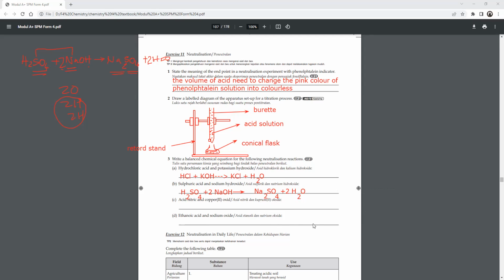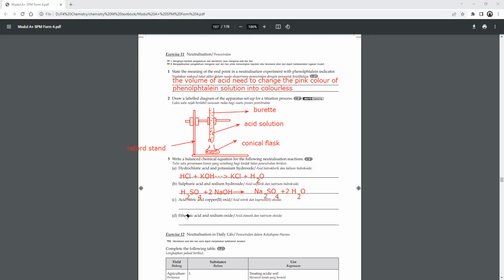So you have H2SO4 plus 2 NaOH become Na2SO4 plus 2 H2O. So the equation will be balanced. Are you okay with here? Any question?